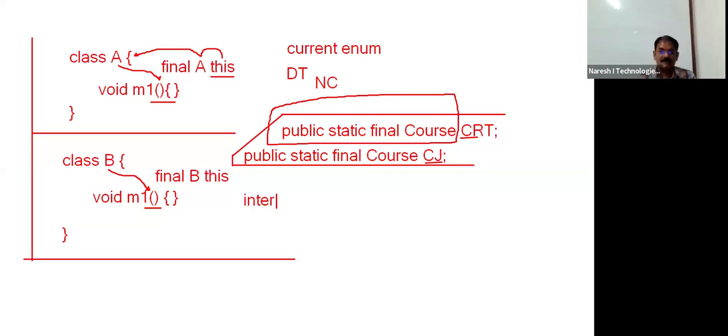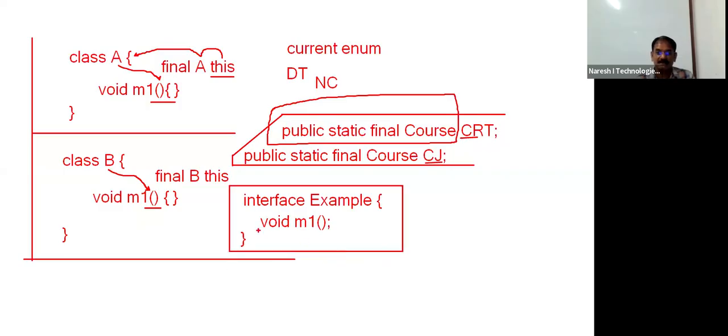For example, I am taking an interface example. Inside interface example, if I write void M1 semicolon, tell me now, what missing syntax is added by the compiler here? The compiler will add public abstract void M1 semicolon.